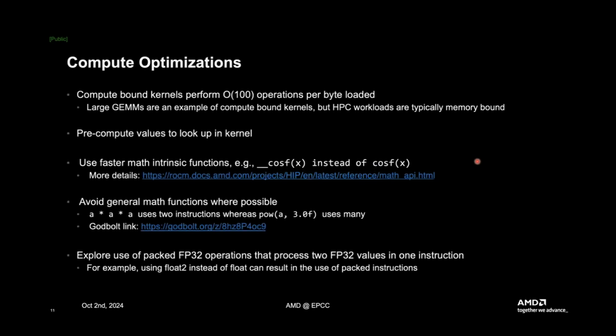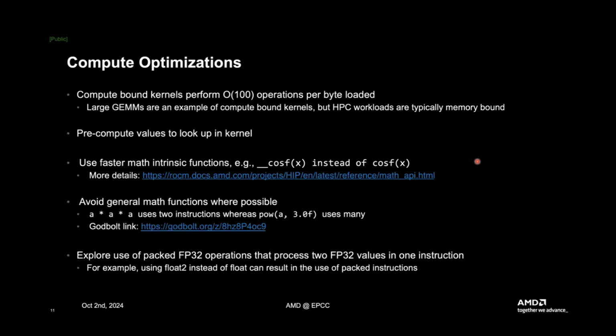Okay, so when we look at compute-bound kernels, they do a lot more computation. So we are doing a lot of compute. How do we reduce that? Is it possible to reduce that? That's what we are thinking. In some cases, it may be beneficial to pre-compute values and store them in HBM and look them up rather than actually doing all of the calculations.